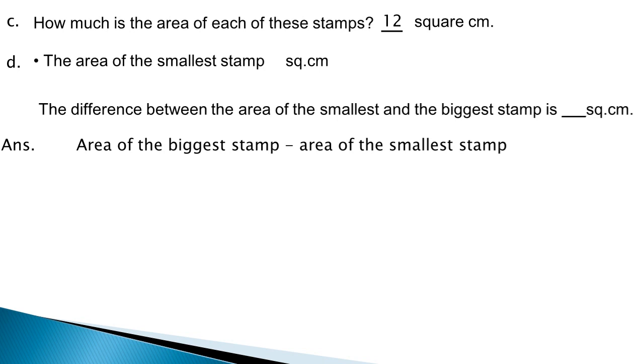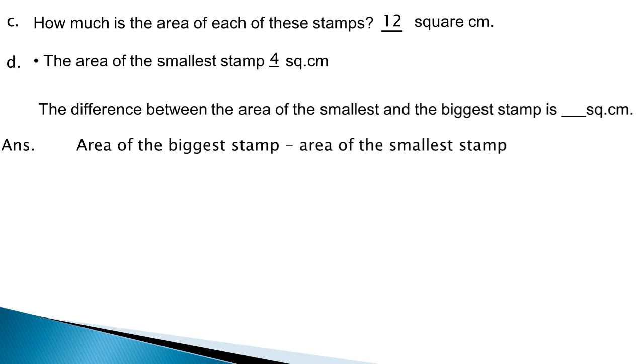Next one, the area of the smallest stamp is dash square centimeter. It's easy. The answer is 4 square centimeter. I think you will be able to find out by simply counting the squares also. Next one, the difference between the area of the smallest and biggest stamp is dash square centimeter.